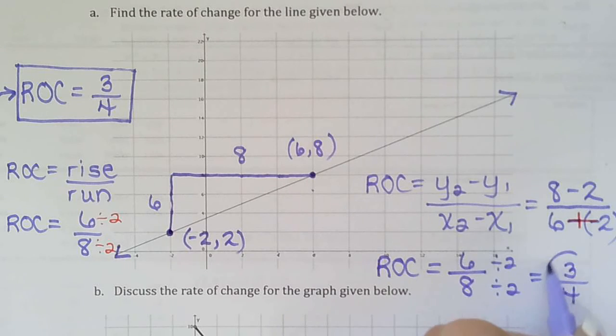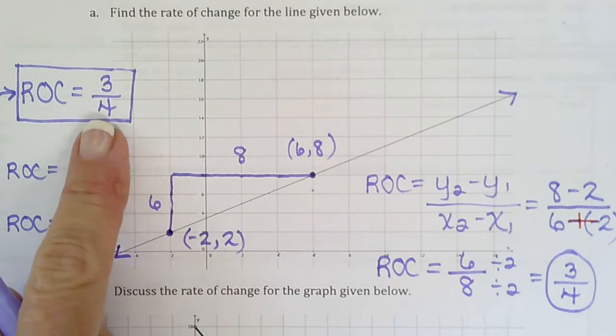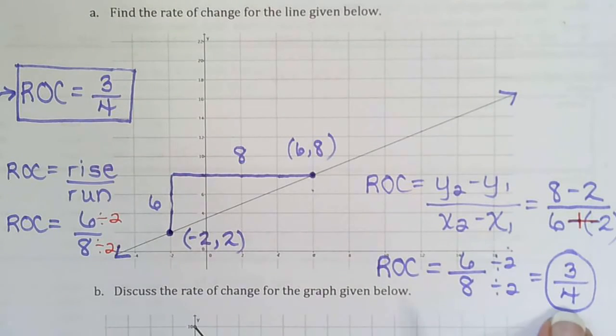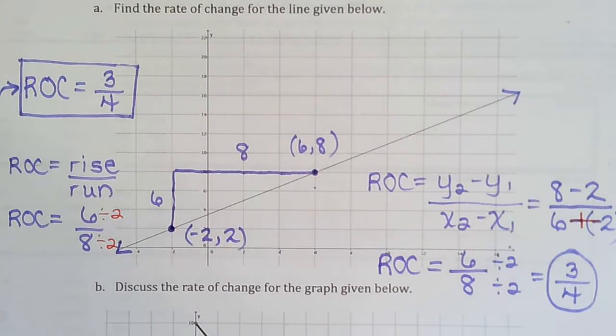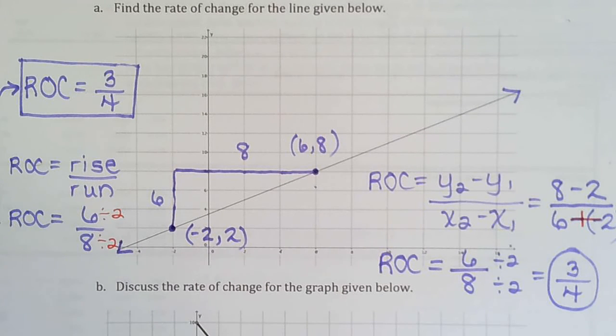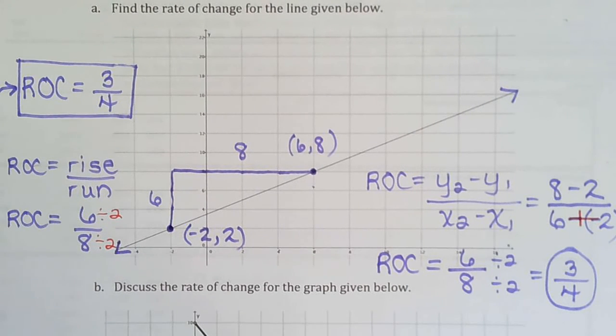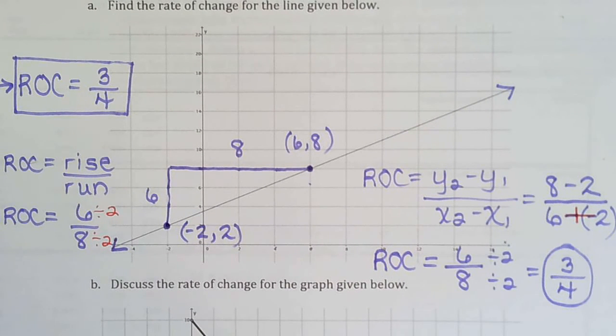Using the graph, we got 3/4. Using the 2-point slope formula, we got 3/4. So you can walk away and go, yes, I know I got that one right on the test. I did it 2 ways and got the same answer both ways. Unless they tell you otherwise, you can use whatever method you like on the test. But if they tell you a certain method, make sure you use that method.